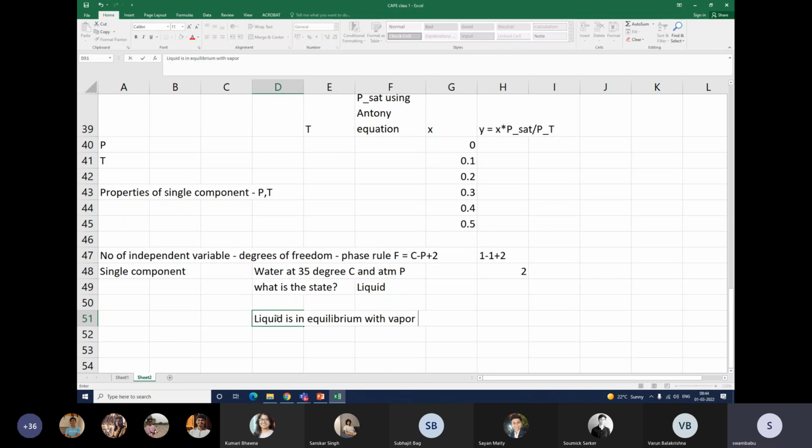We have a single component, let's say water. The water is present in a chamber where the liquid is in contact with vapor, liquid and water vapor, and both are in equilibrium.